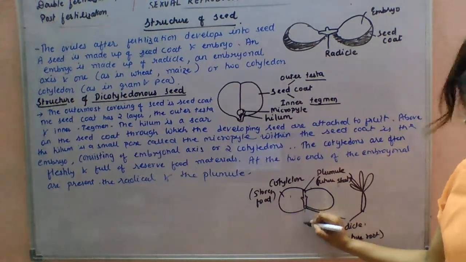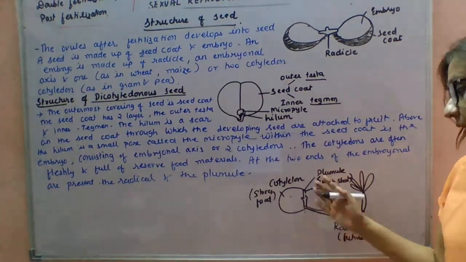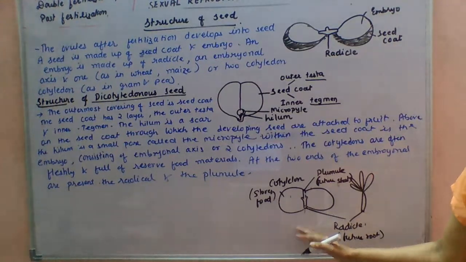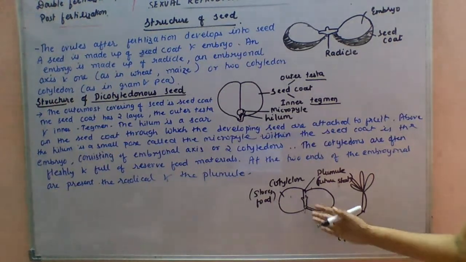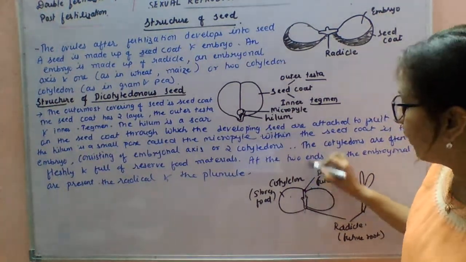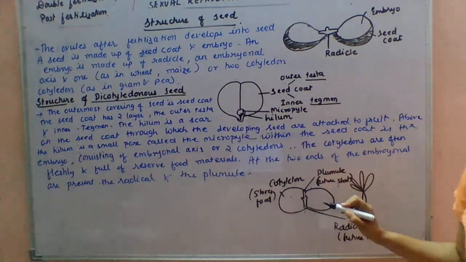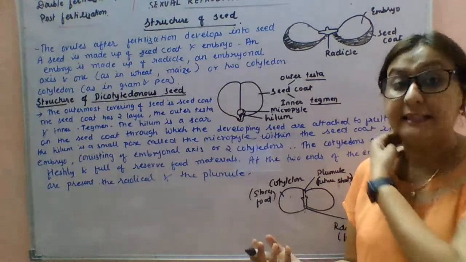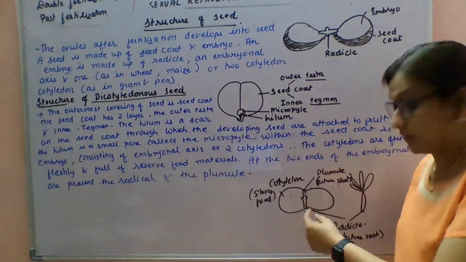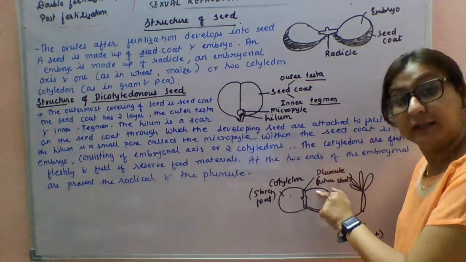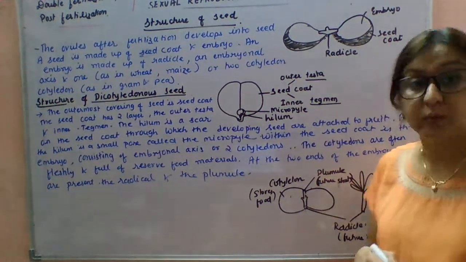It forms the root system and activates the plumule to come out from the soil, and after that the plumule develops and forms the shoot system. So the germinating seed becomes the seedling. This is the process of germination. First the radicle develops, after that the plumule develops, and the seed turns into the seedling.